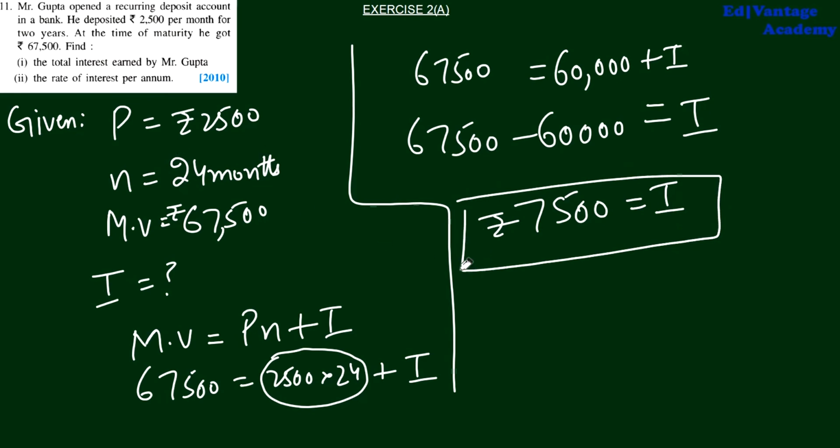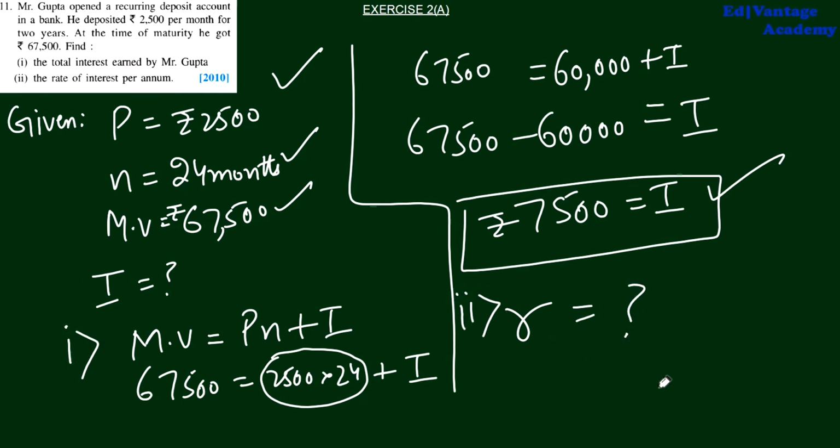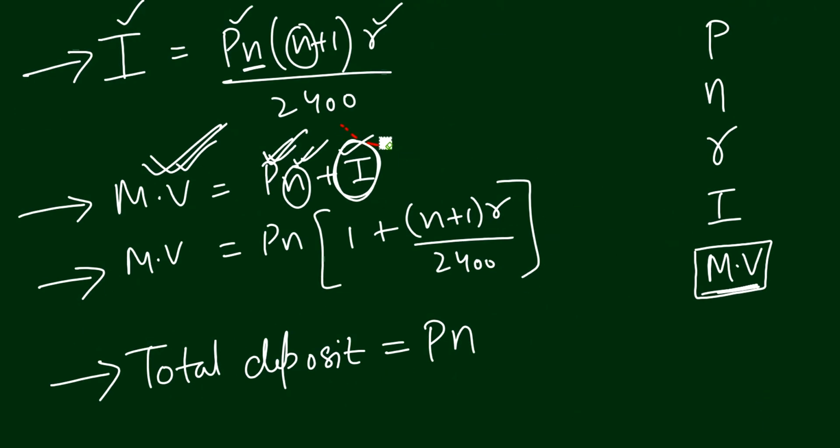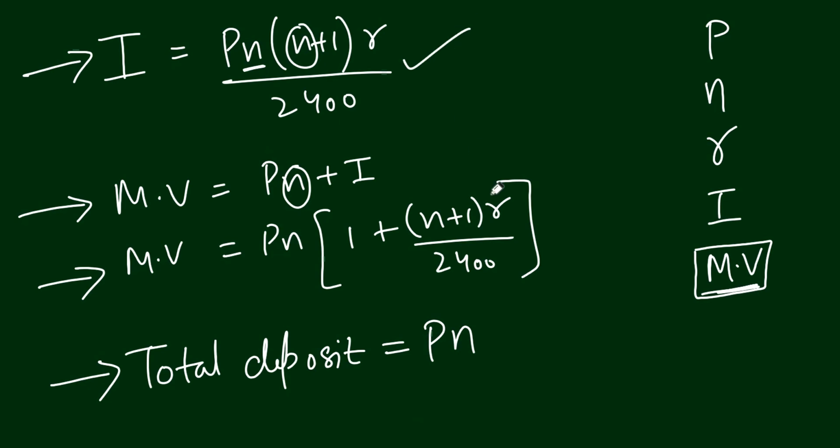Find the rate of interest per annum. Now see, you have P, n, MV, you have I also, and you have to find R in the second part of the question. This was the first part. So to find R, let me just rub this first and make it a little clean. You can see in which formulas R is coming. R is coming here, R is coming here.